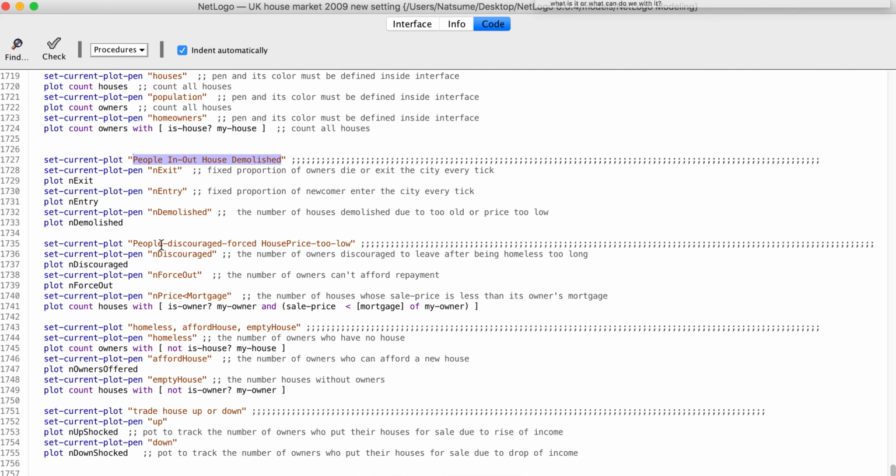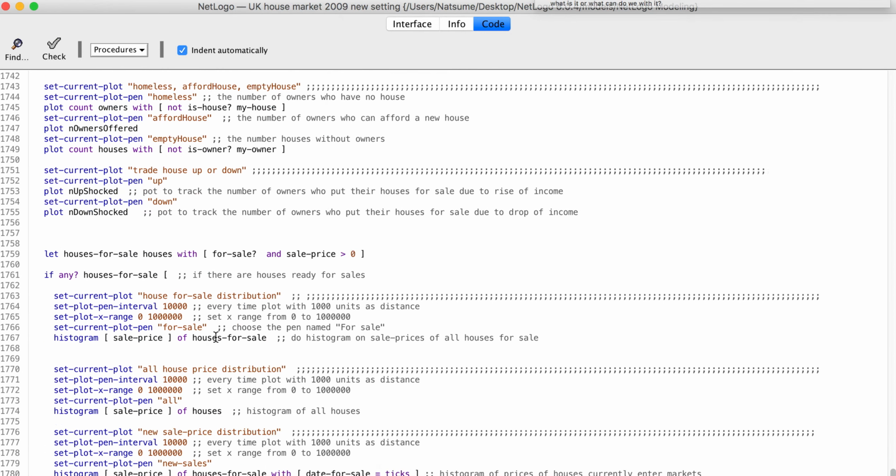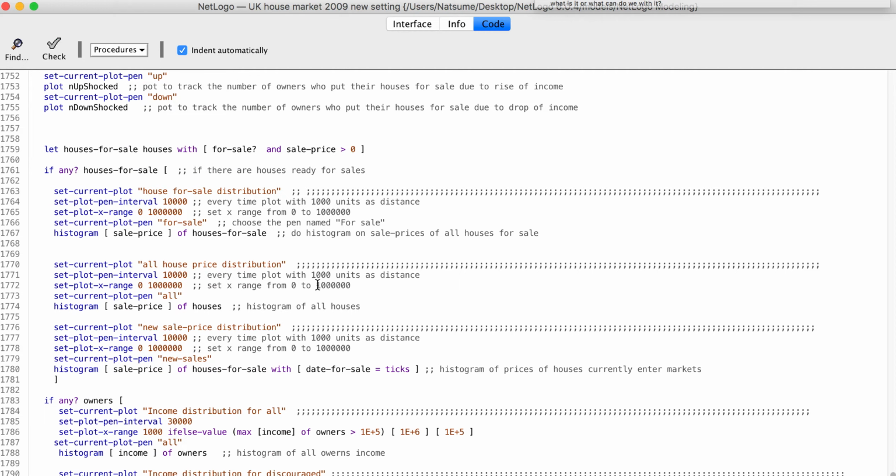And just like that, we have all these plot names and the lines being plotted, and the comments explain what each line is trying to tell us. So by reading all these comments and the titles, you will have a basic idea of what each plot is trying to tell us.